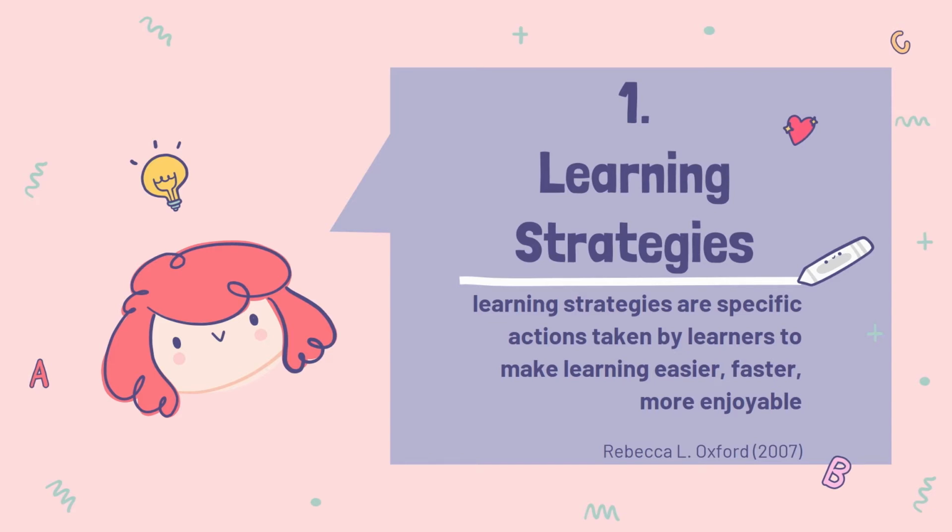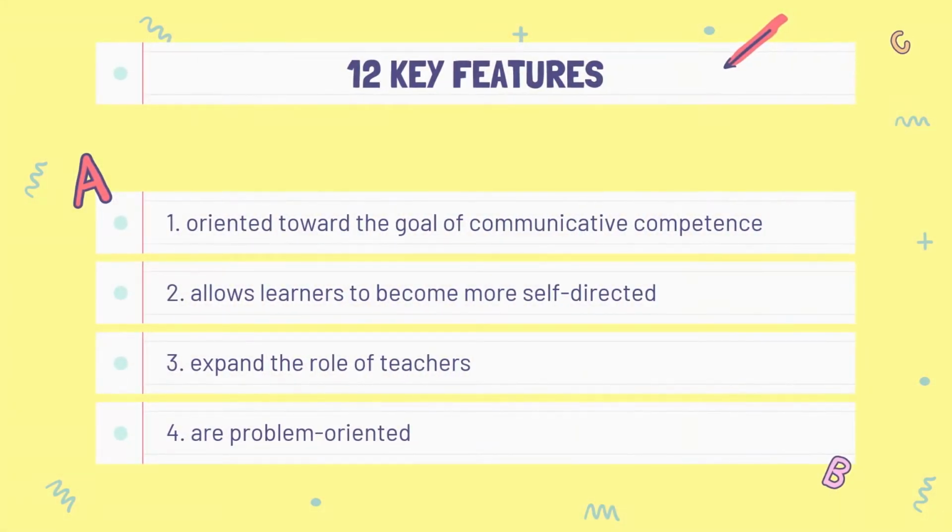Now it is time to explain the central features of language learning strategies. The features of learning strategies are summarized into 12 key features of language learning strategies as presented on the screen.